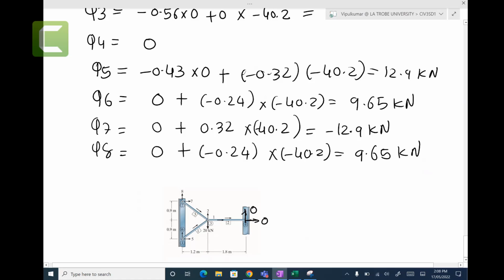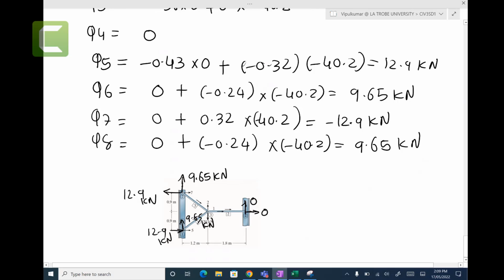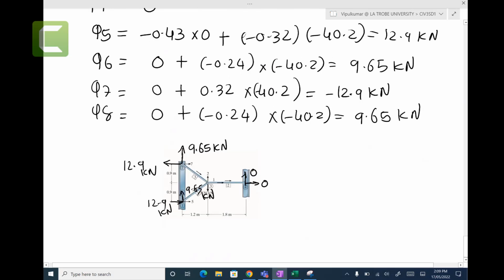Reaction force here 0. Q5 is 12.9, so you have a reaction force here which is 12.9 kilonewtons. Q6 reaction force 9.65 kilonewtons going up. Q7 is going in the opposite direction, 12.9 kilonewtons, and this one going up 9.65 kilonewtons. So that's how you put all the reaction forces into the diagram.